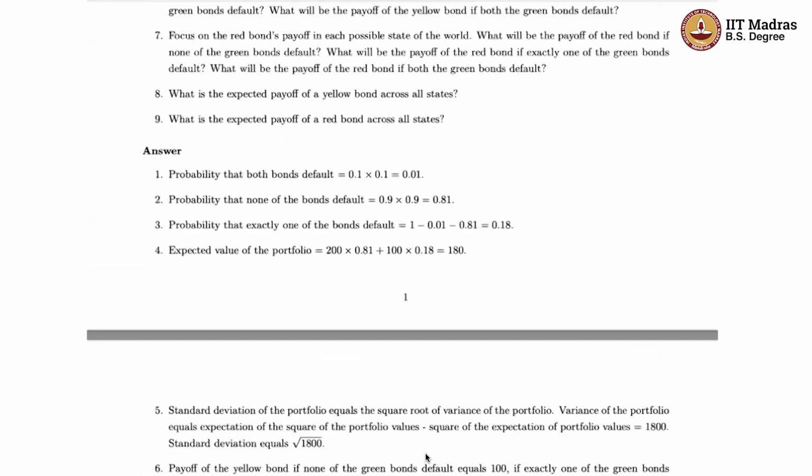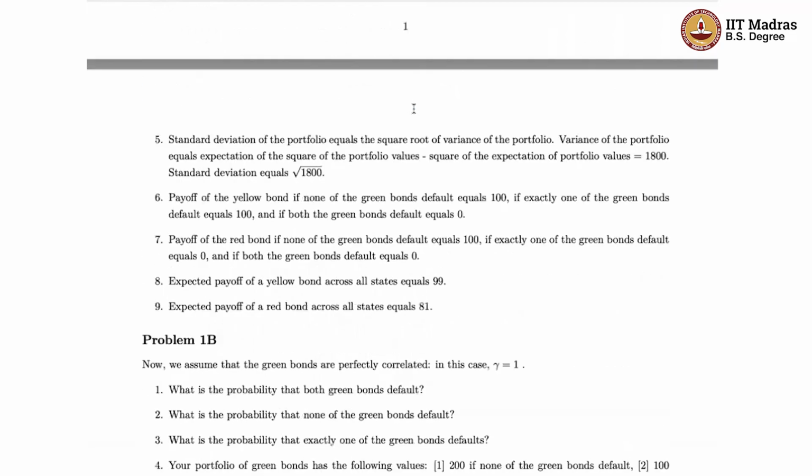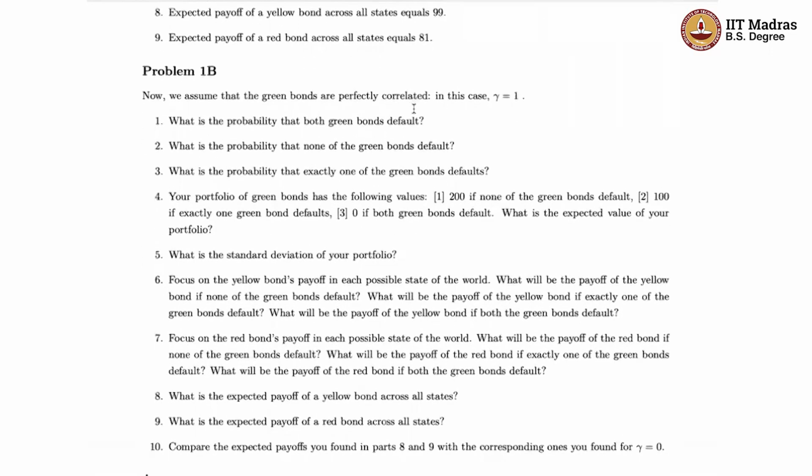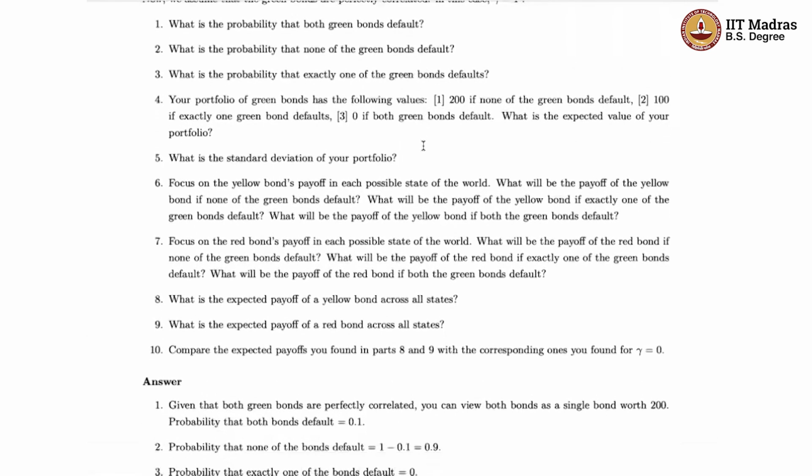Okay, so this was the case where we had the assumption that both the bonds are independent, so therefore gamma equal to 0. Now we can do the calculation for the case where the green bonds are perfectly correlated, in which case gamma equals 1, right? In this case, basically you can view both of these bonds as just one single bond, which is worth 200, right?